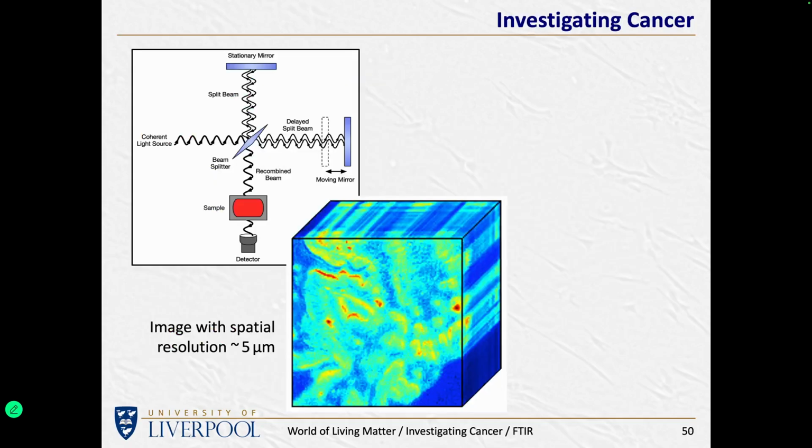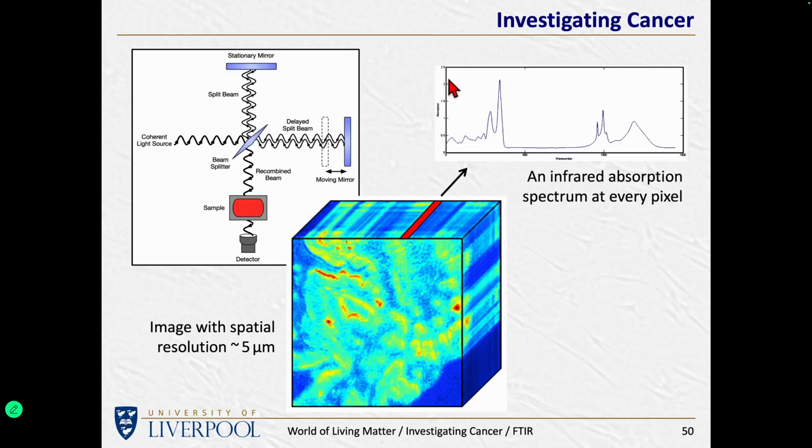We've now changed from using accelerators at Daresbury Laboratory to using infrared sources of light in the lab. Again, I'm not going to go through all the details, but I'll answer questions on that later if you're interested. We now take images of samples in which each pixel is not simply a number, each pixel is an entire infrared spectrum.